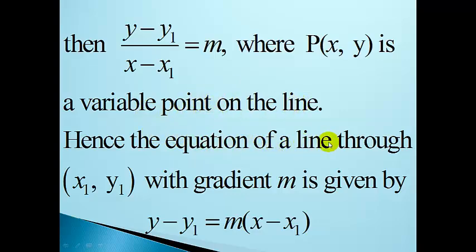Hence the equation of a line through (x1, y1) with gradient m is given by y minus y1 is equal to m into bracket x minus x1.